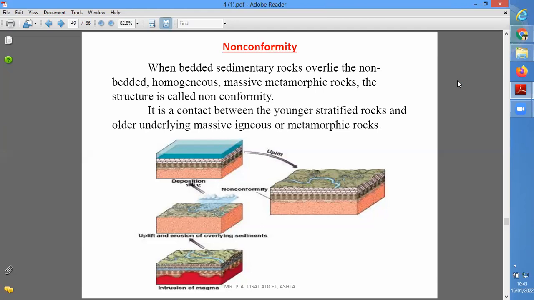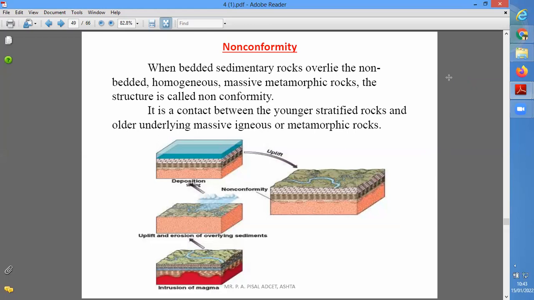Okay, so such granite rocks are present as older rocks below the unconformity, and above that granite, the layered horizontal rocks are deposited or settled down. That's why the unconformity is formed between non-layered and layered rocks. Okay, so the unconformity which separates layered and non-layered rocks is considered as a non-conformity.